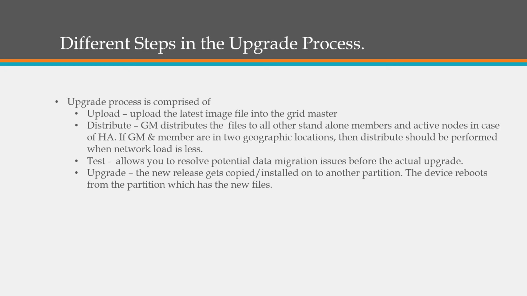So what happens during the upgrade stage is that the device will copy or install to another partition, and once the installation or the copying of all the required files is completed, the device reboots from this new partition so that it can boot up with the new software version. So I hope you got an idea about the different 4 steps involved in the upgrade process.